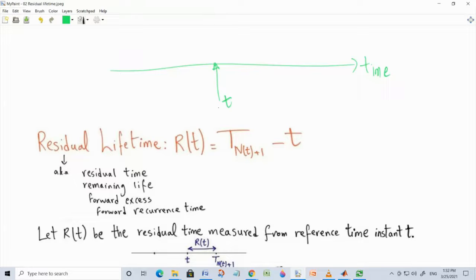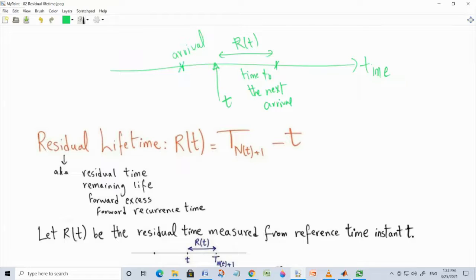Then you ask yourself, what is the difference between t and the time of the next arrival? Okay, so before the time instant t, there is some arrival. Okay, so this is an arrival, and you ask yourself about the time, R of t, which is the time to the next arrival.